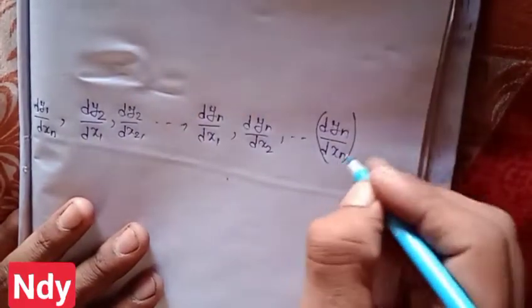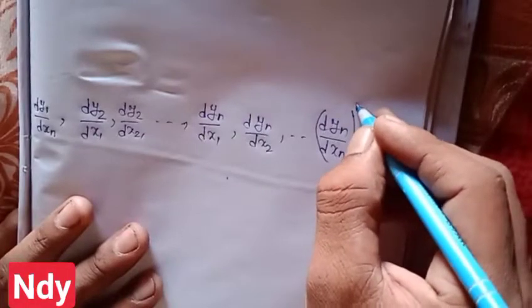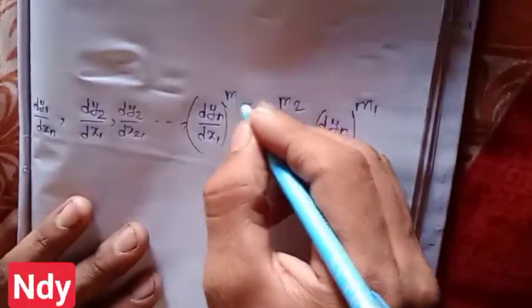So let its power be some m1, and its power be some m2, its power be some m3.